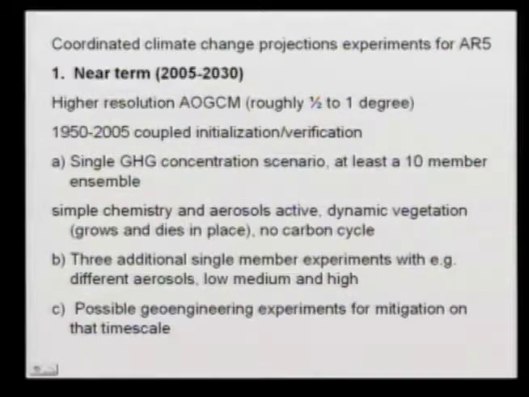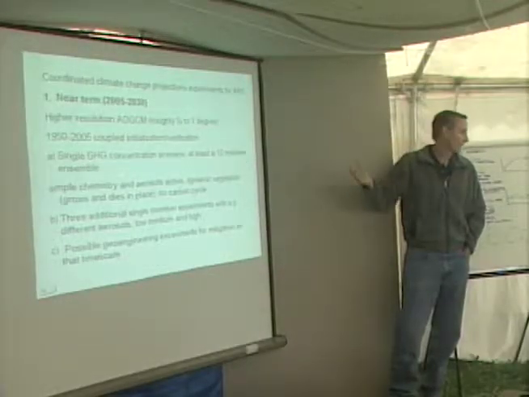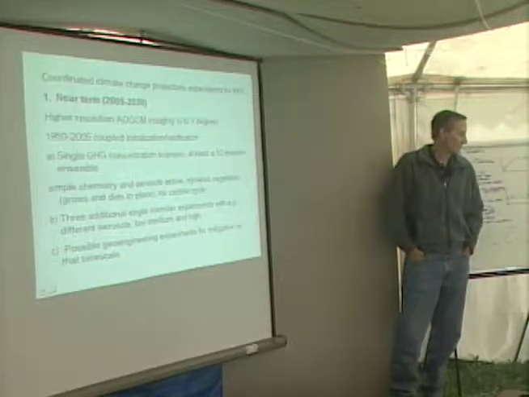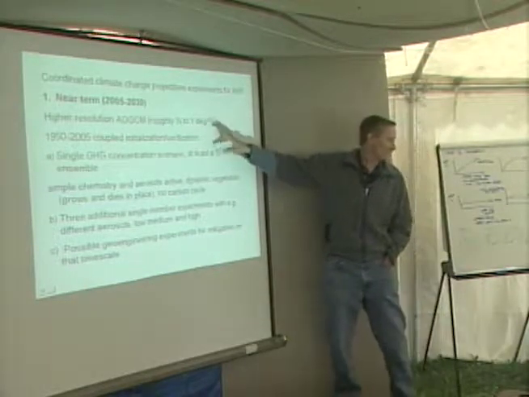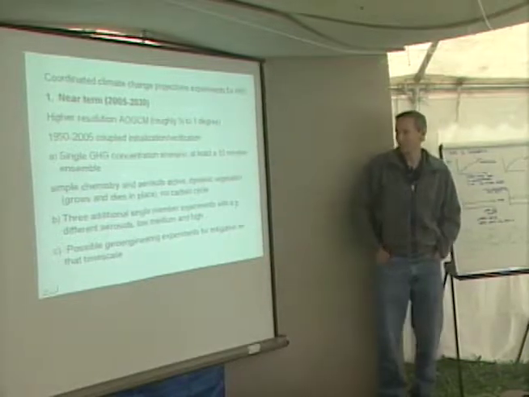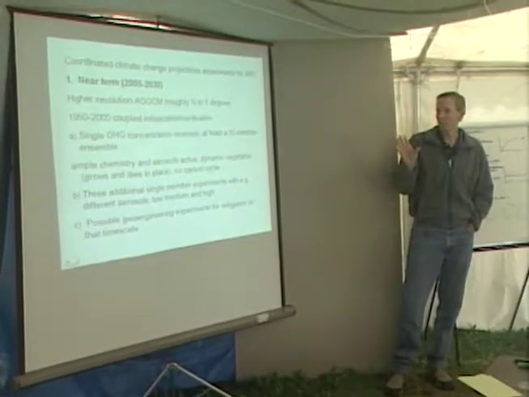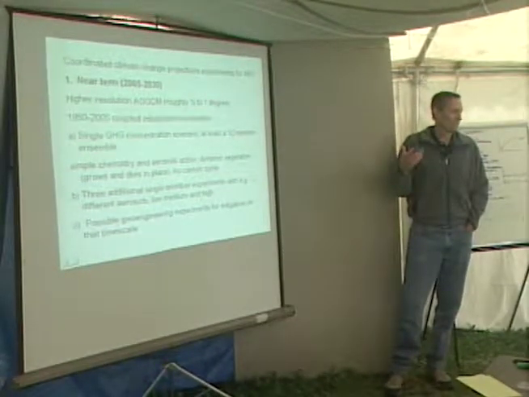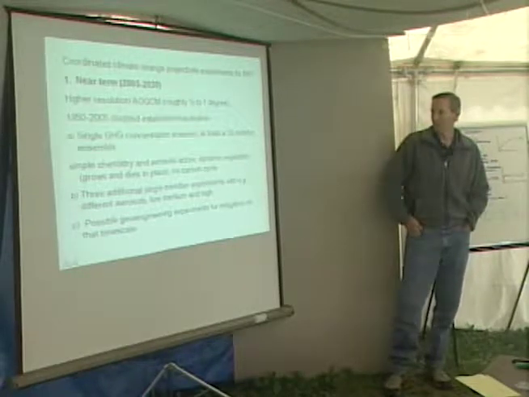There are indications already that, for example, in Japan they have a working 20-kilometer global model that in a couple of years you may be using as a coupled model. The idea would be that this would be definitely higher resolution than what we're talking about with the Earth system models. So I think that was an important distinction that people thought was probably appropriate.